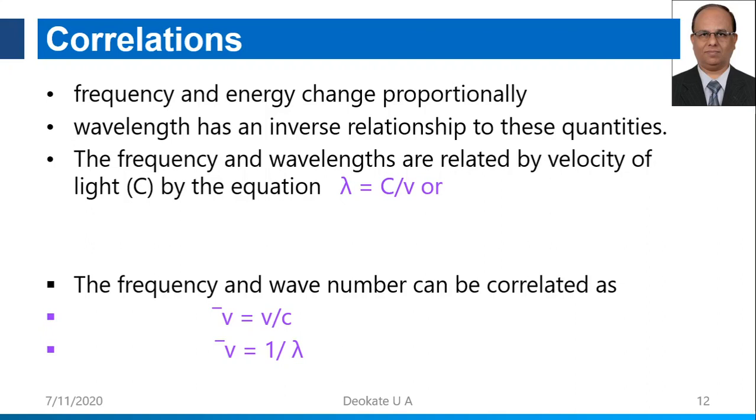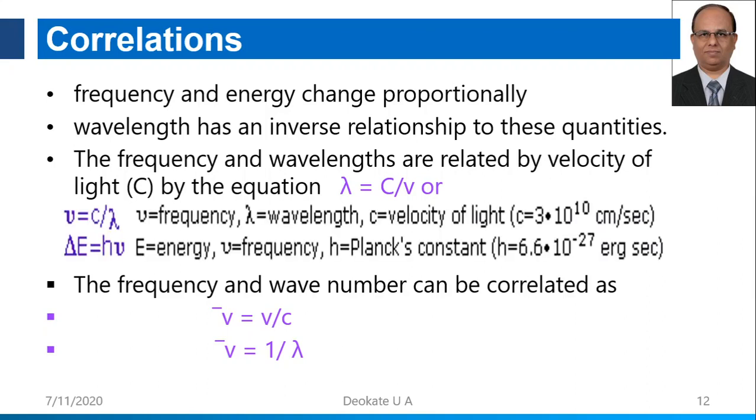The frequency and wavelength are related by the velocity of light c by the equation lambda equals c by v, or we can write v equals c by lambda, where v is the frequency, lambda is the wavelength, and c is the velocity of light. So c generally we can take as 3 into 10 raised to 10 centimeters per second.